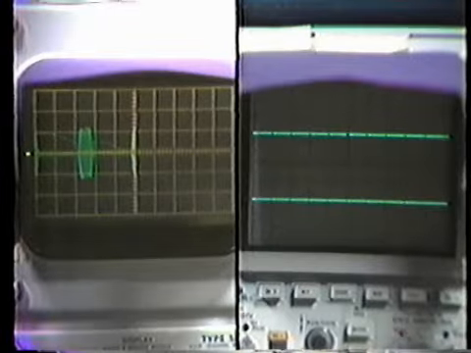Now let's conclude this demonstration of the effect of the sampling frequency on the filter cutoff frequency by carrying out some filtering on some live audio. What we'll watch in this case is the output audio waveform as a function of time on the single trace scope, and also we'll listen to the output.